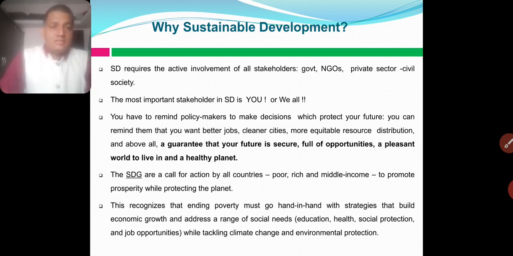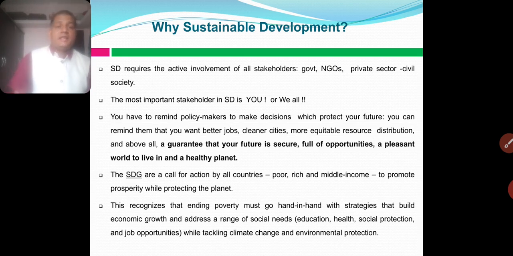Afterwards, when the sustainable development goals were fixed, earlier there were 7 goals, and later on, from 2015-16 onwards, they fixed 17 goals and are working on those themes. Sustainable development goals are a call for action by all countries, whether poor, rich, or middle income, to promote prosperity while protecting the planet.